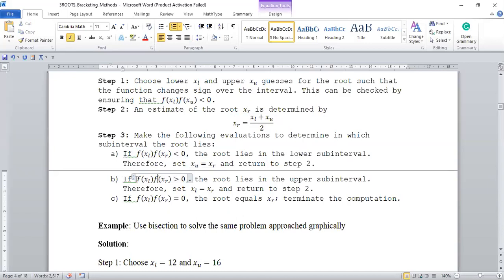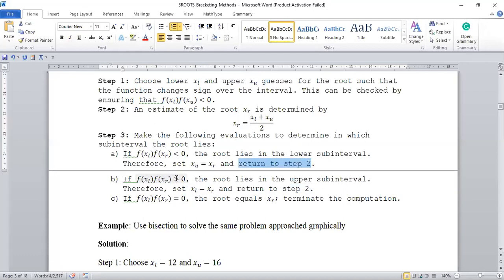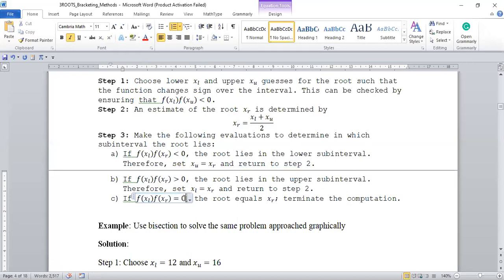If this expression is greater than 0, that means that the root lies in the upper interval, so you should set the lower limit to be equal to the value you calculated here, and go back to step 2. In both cases, you return to step 2. Then if you evaluate this and it is equal to 0, that means that the xr you calculated is the exact root, and you terminate.